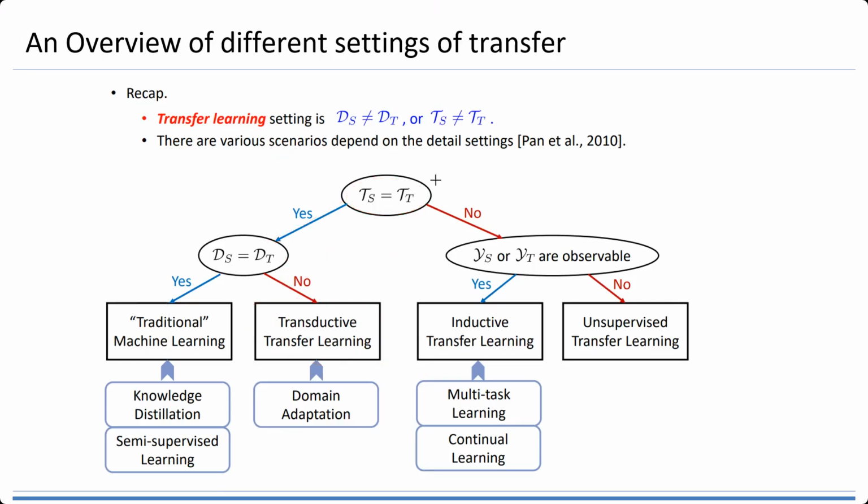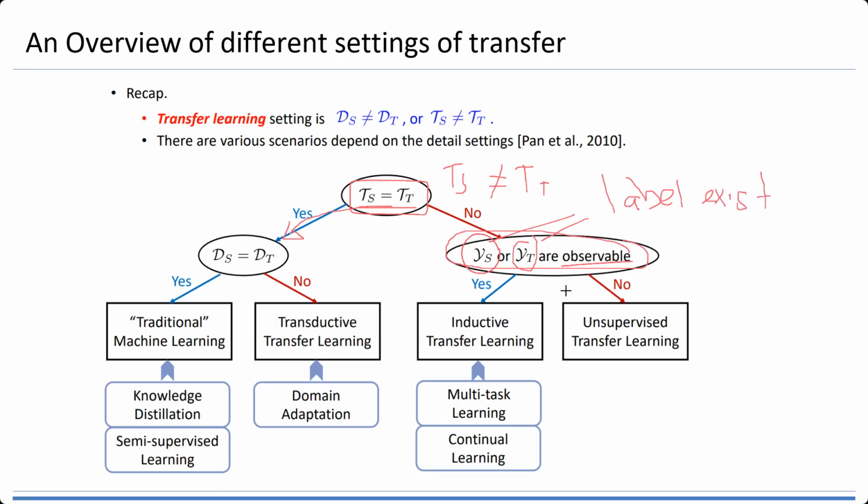What about the task itself? If the task of the source and the target is the same, we can go to this section. But what about if the task of the source is not equal to the task in the target? So we will check whether the Y, the label on the source or the label on the target, is observable. So we say, whether the label exists or not.